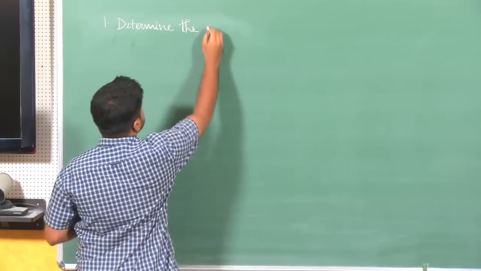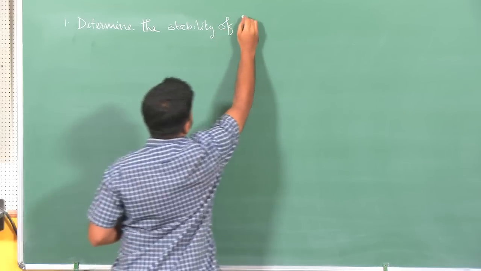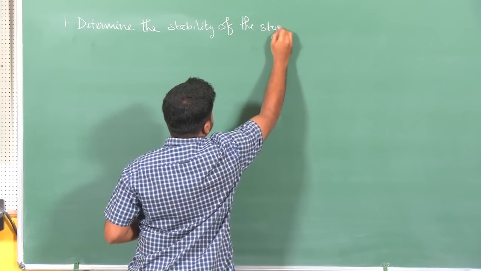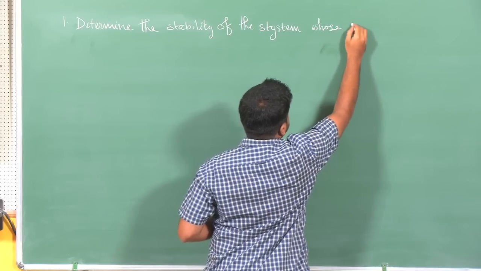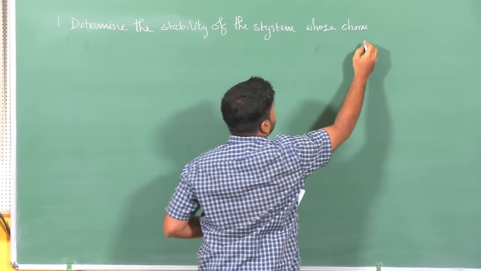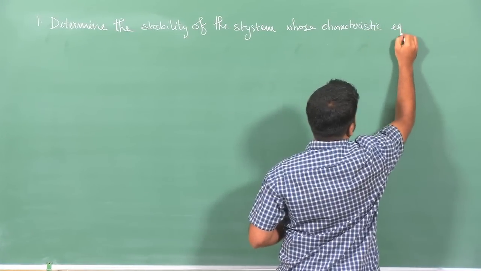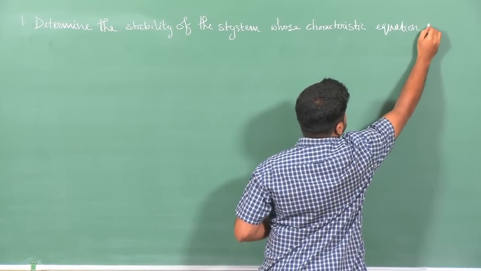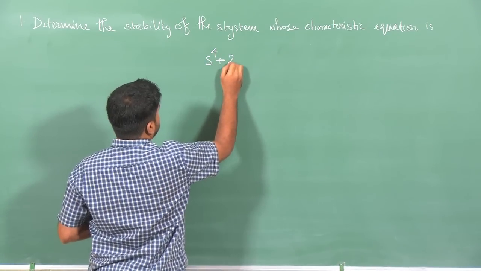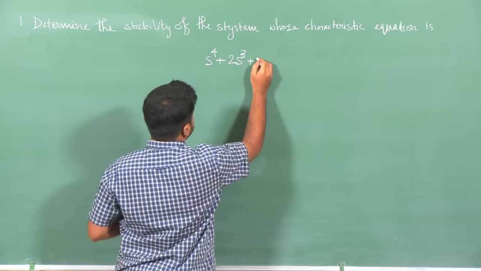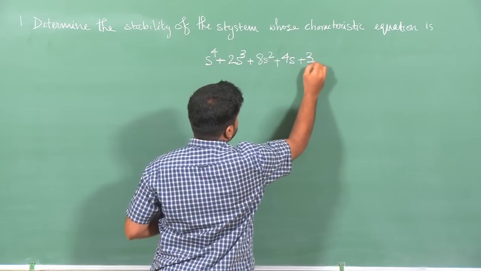Determine the stability of the system whose characteristic equation is s to the power 4 plus 2s cube plus 8s square plus 4s plus 3 is equal to 0.